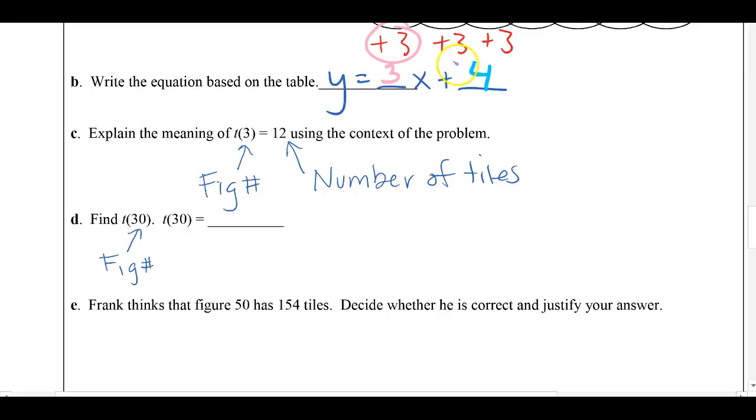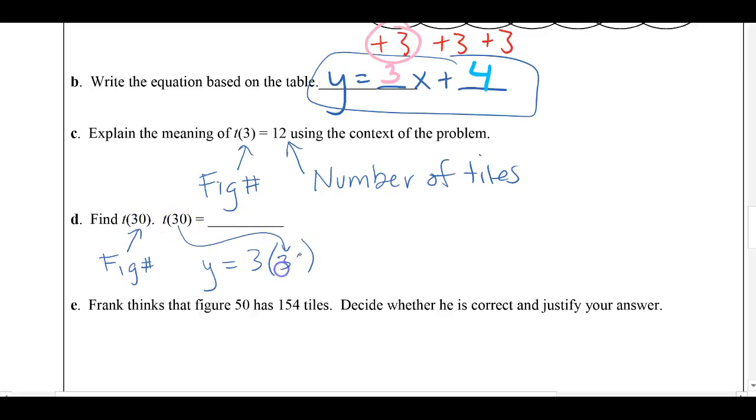Well, we're going to use our equation for that. The equation will be y equals 3 times, and remember we're going to use parentheses for that 30, because this is our new function, our equation.